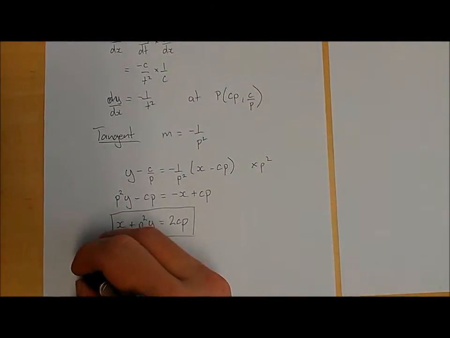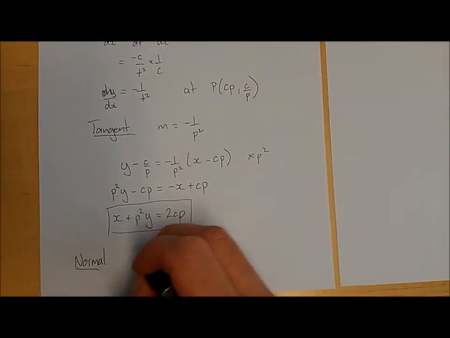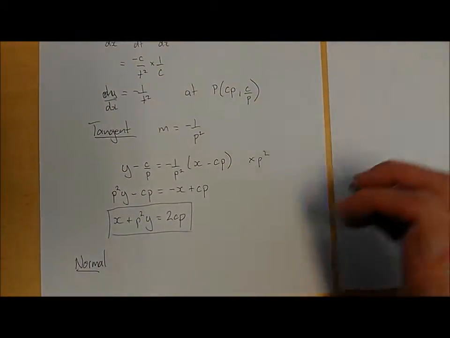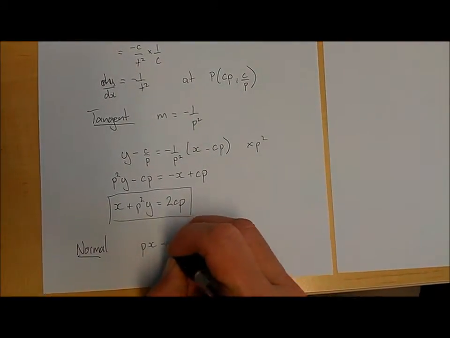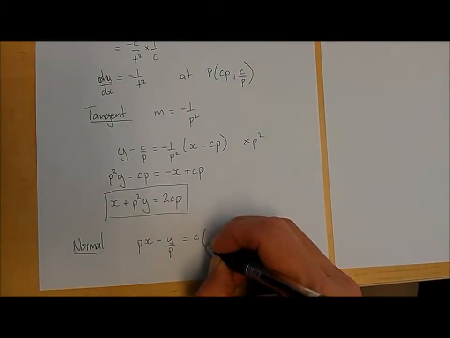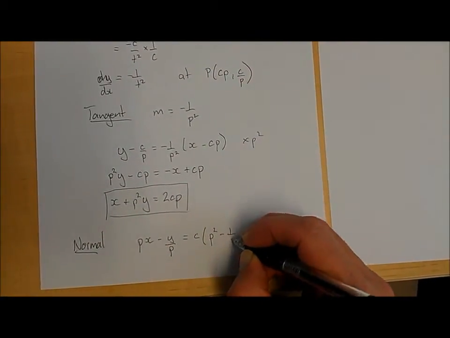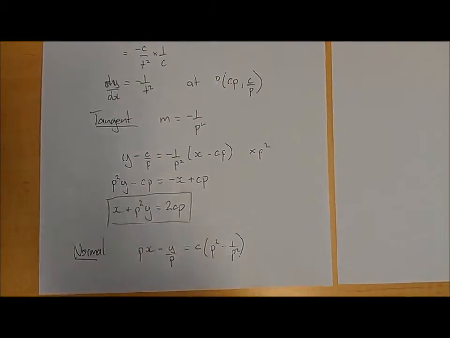Alright, the normal is even easier. I'll get you to do the normal yourself, run through it, and see there's really only one step involved in it. See if you can come up with px minus y on p is equal to c times (p squared minus 1 on p squared).